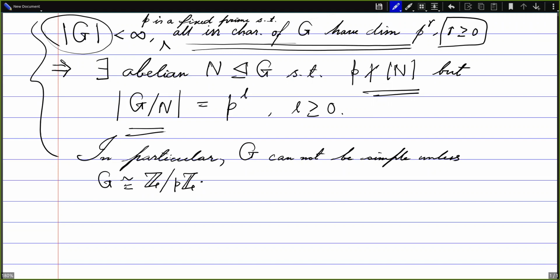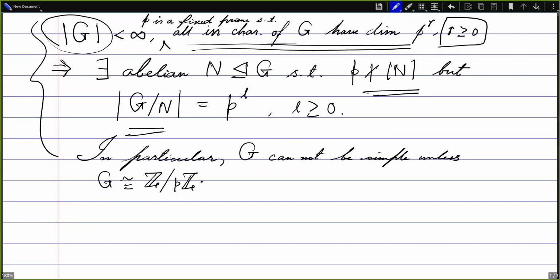Hence we have to give up our approach of passing through factor groups.